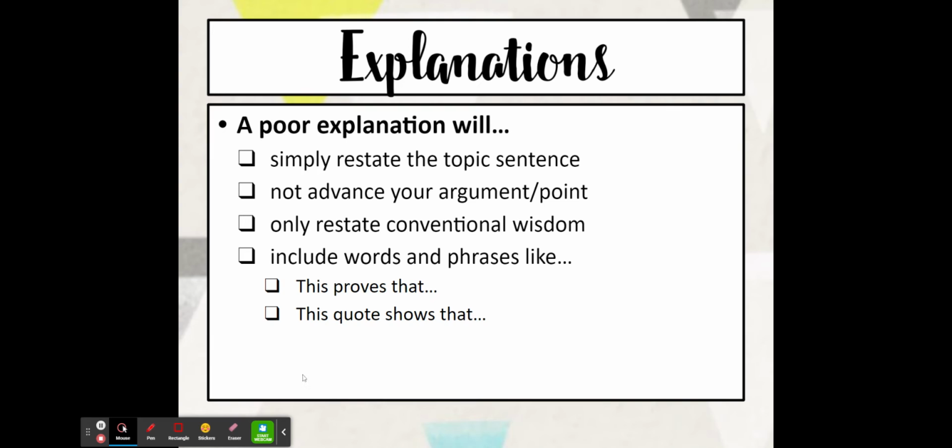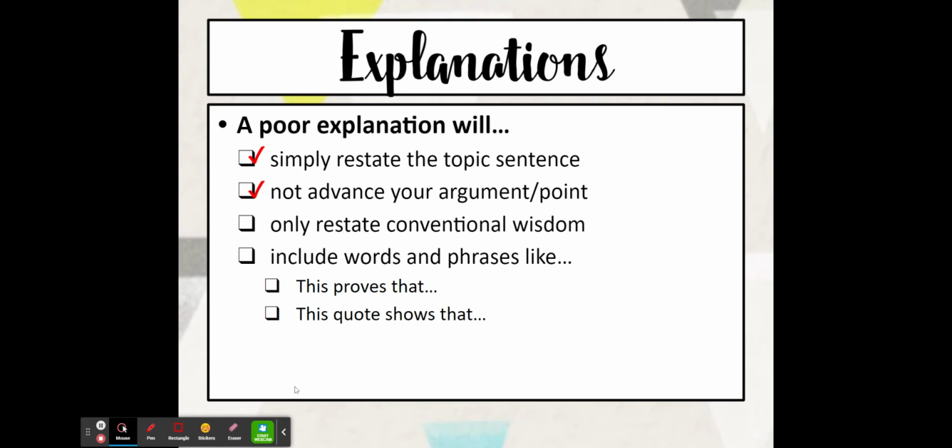So let's look at what poor explanations will do. They're simply restating the topic sentence. We don't just want to restate information we've already given. Your explanation should transform and further what you have written in your example.